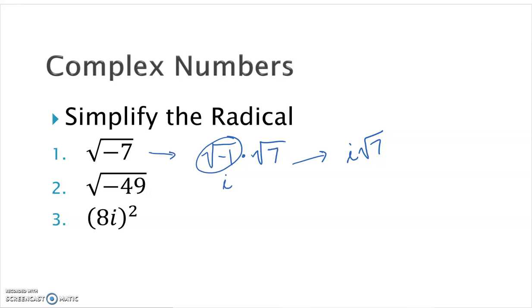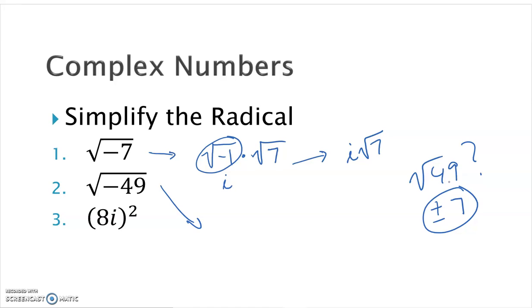Okay, moving on to the second example, square root of -49. What is the square root of +49? You should be thinking plus or minus 7, and you would be right. Remember, the square root of 49 is going to have two solutions, positive and -7, when you take square roots of numbers, right?